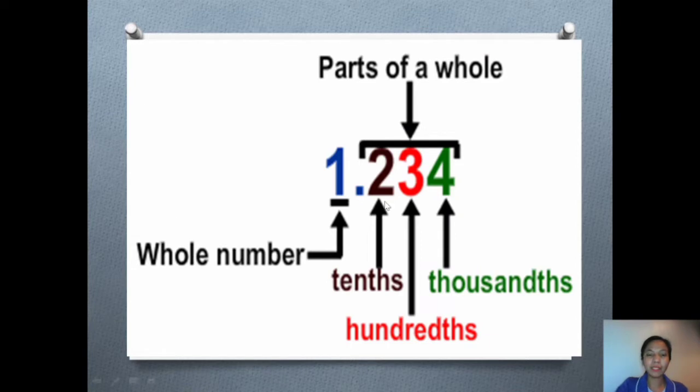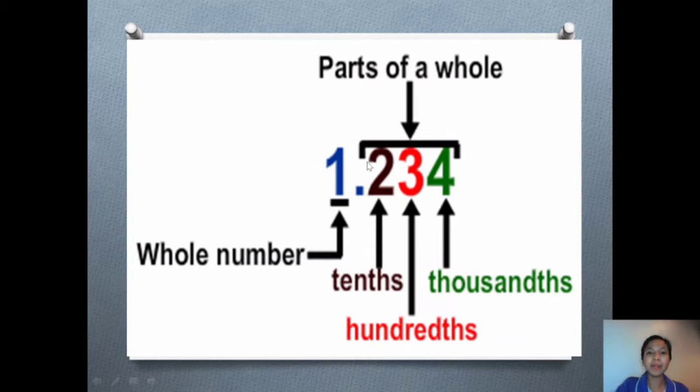So I have here an example, 1.234. In this example, all the numbers before the decimal point are a whole number.